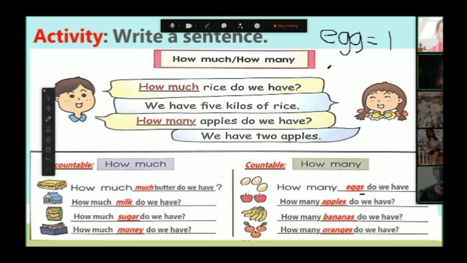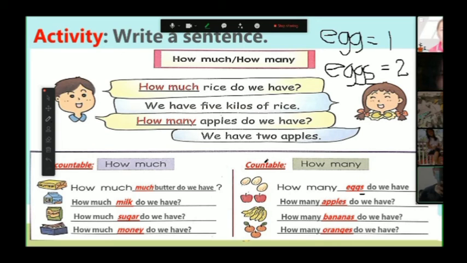There is an S. Say or pronounce the S sound. Eggs. That is important. Eggs, meaning many. This letter S makes the word many, meaning two or more.